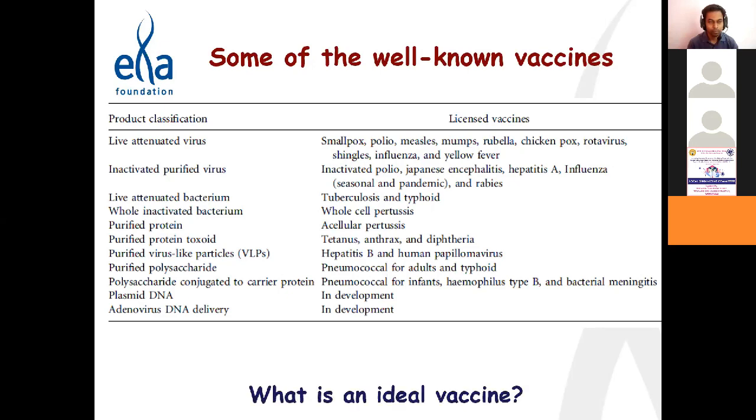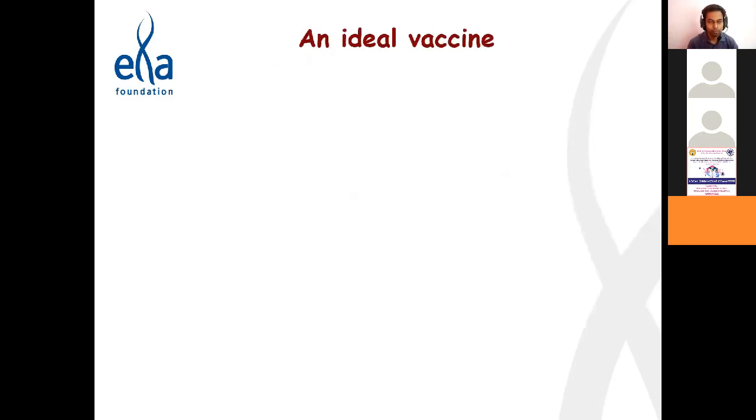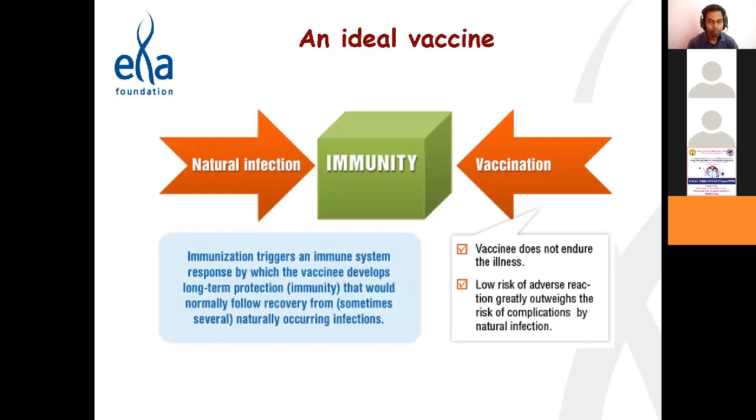But coming to the question of what is an ideal vaccine: an ideal vaccine should produce immunity which is similar to what we get from natural infection, without causing any adverse events or any illness. That is the best vaccine, and it takes a lot of time to develop such a vaccine.